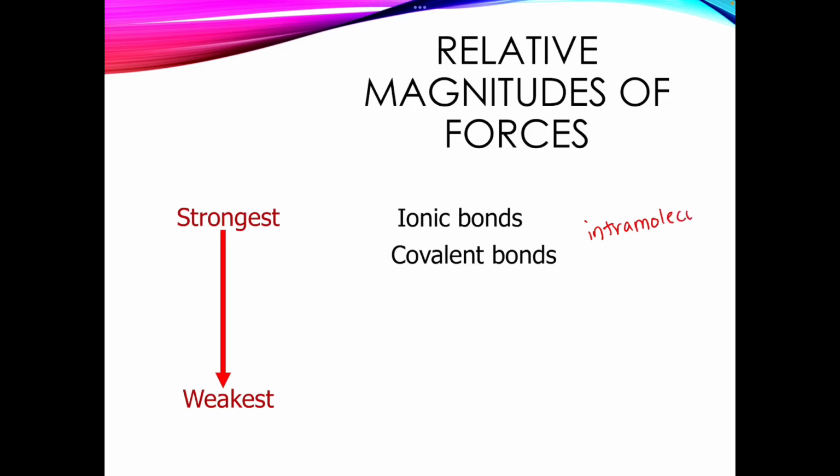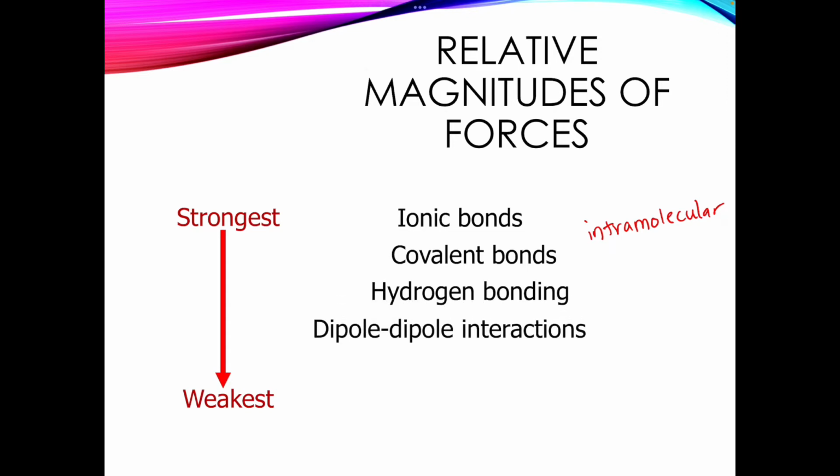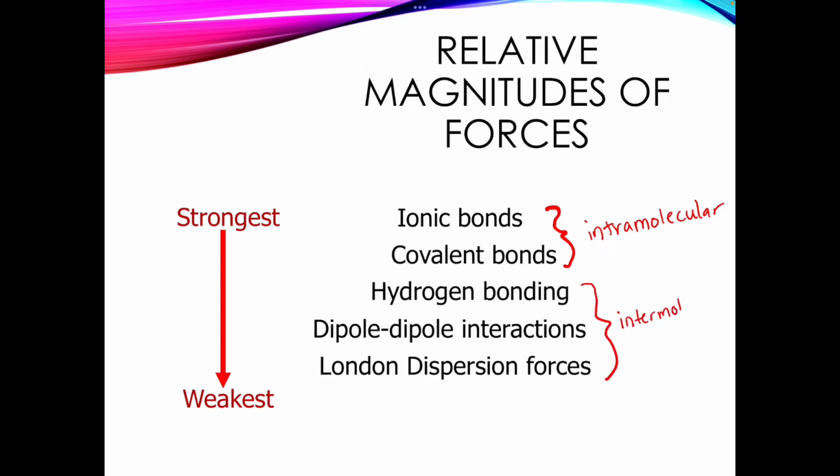Out of the intermolecular forces, hydrogen bonding is going to be the strongest, and then dipole-dipole interactions, and then London dispersion forces. So again, all the ones up here are intramolecular forces, and these are intermolecular forces. The bonding forces, the ones on the top, are stronger than our non-bonding forces, okay?